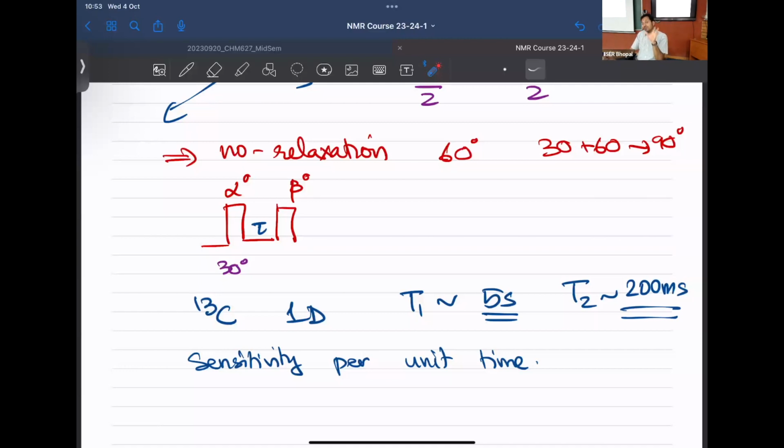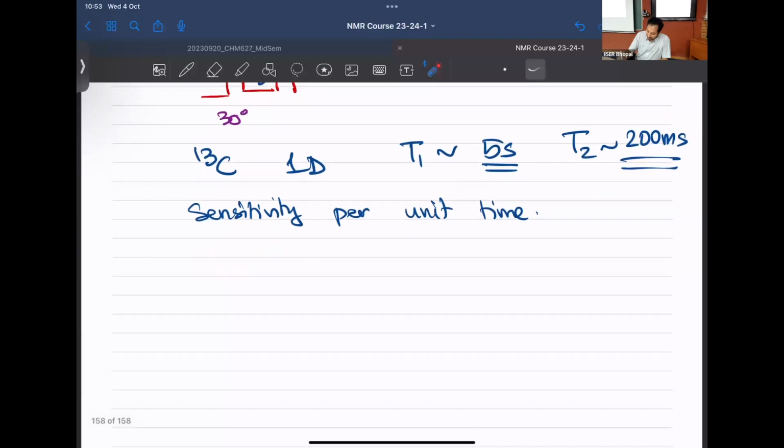So at that time, you start optimizing your D1 time, your acquisition time based on the T1 and T2 that's present. So the parameters that we have been introduced to right now are interscan delay, acquisition time, both put together being the relaxation delay. I didn't say this explicitly, pulse width.